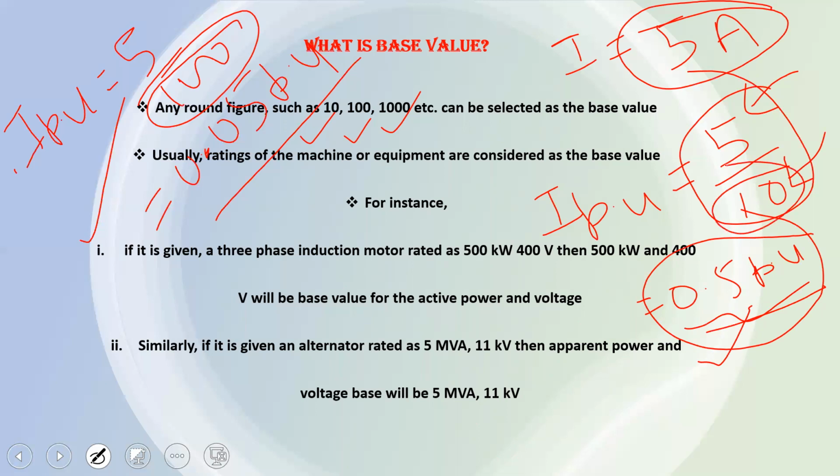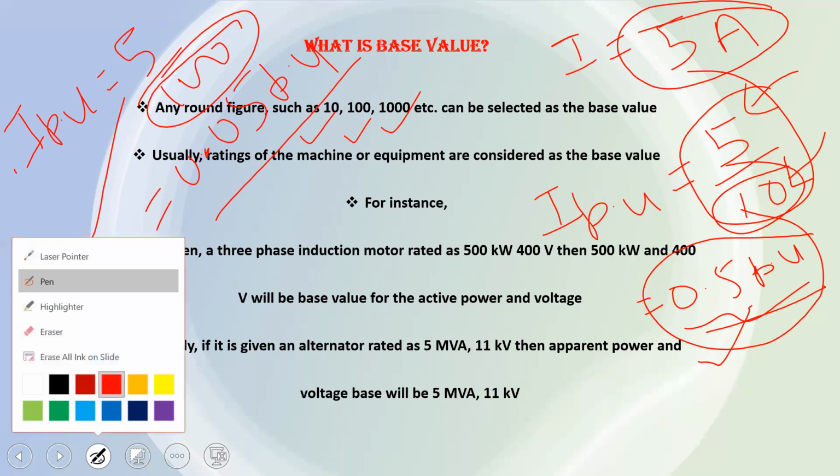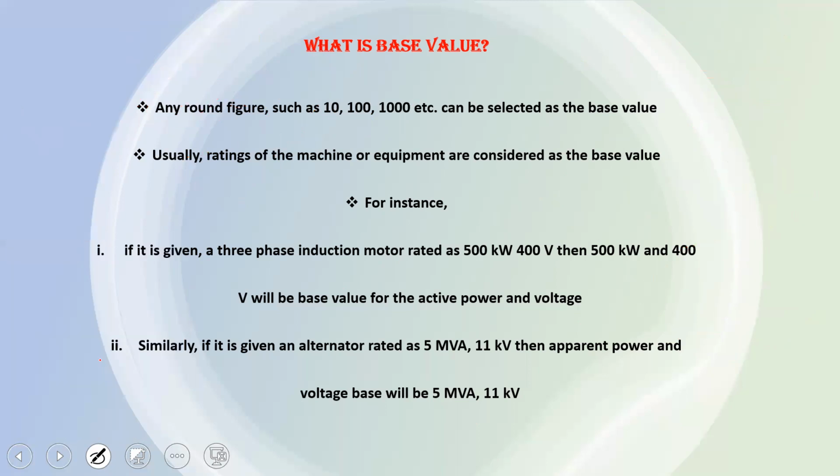So it is your choice in what way you are going to convert the given physical quantity to per unit. According to this, you can take any value as the base value.